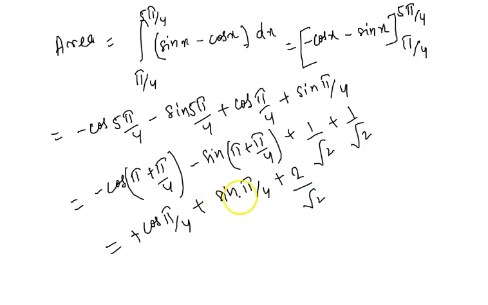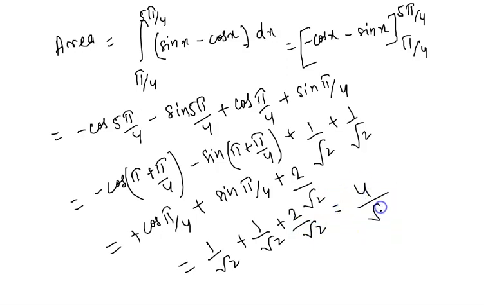Similarly, after adding it will be 1 by root 2 plus 1 by root 2 plus 2 by root 2, and after adding we will get 4 by root 2, and after dividing we get the result 2 root 2.